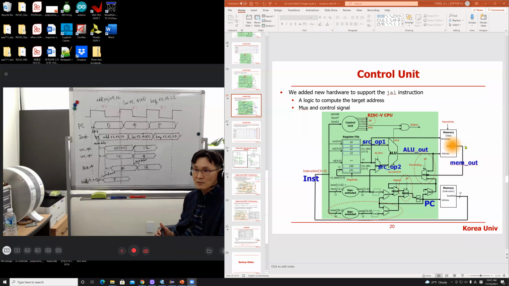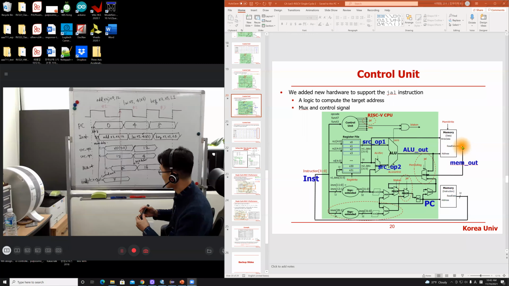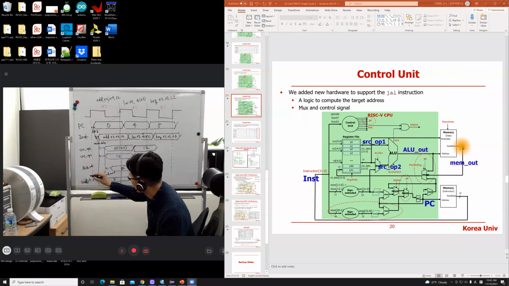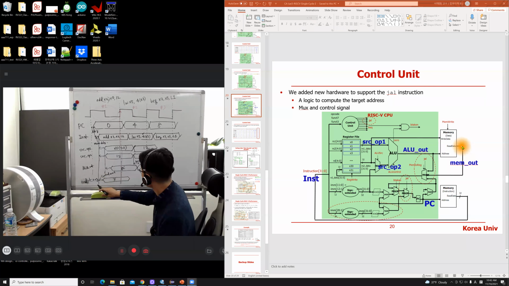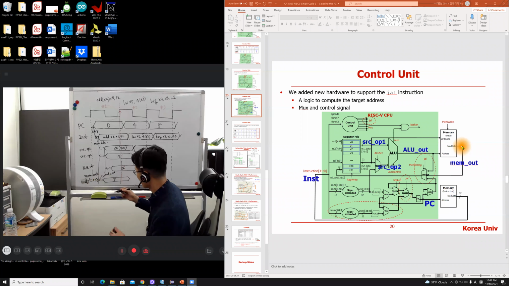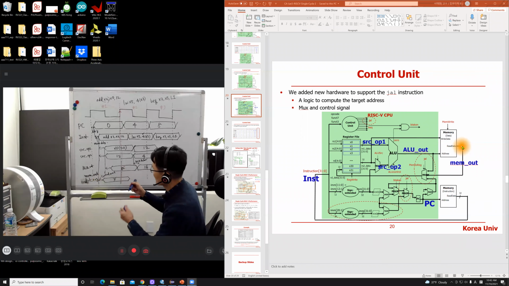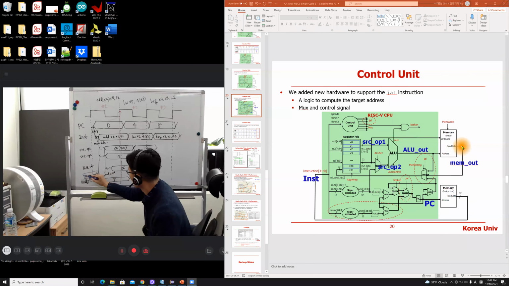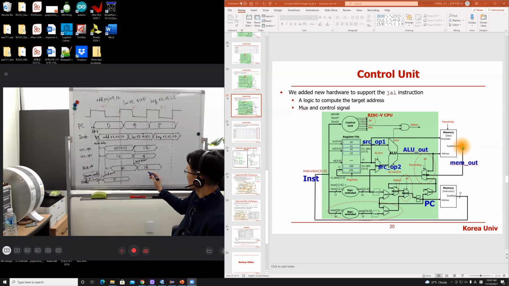So data is coming out through that path. So mem out. In here you have to draw mem out. It's very crowded. Let me draw the mem out signal in blue.